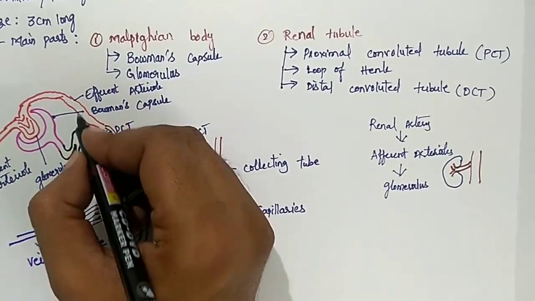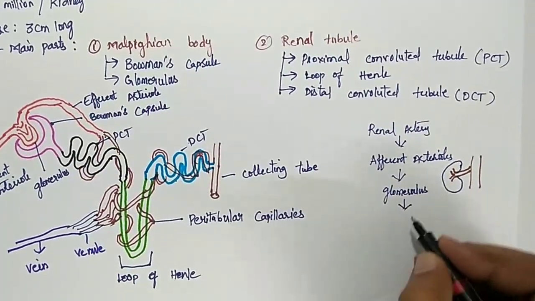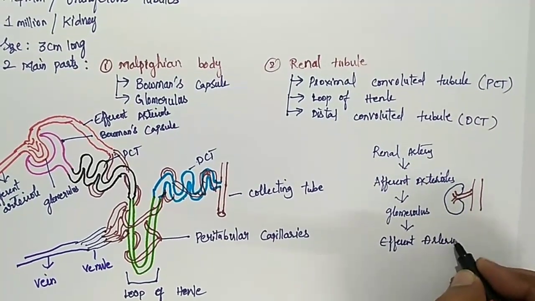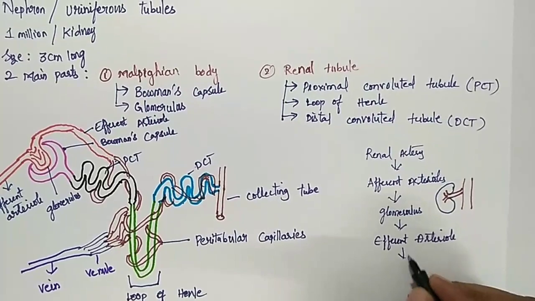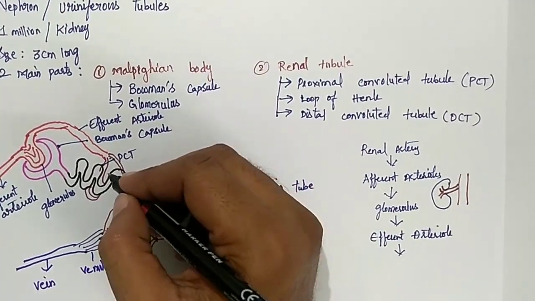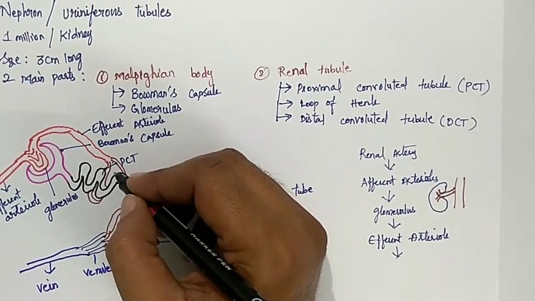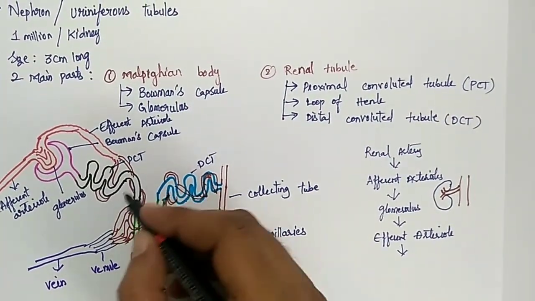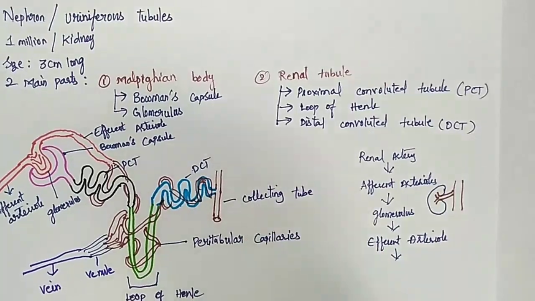All glomerular capillaries again join to form the efferent arteriole. After this comes near the PCT, it divides into many capillaries present around the PCT, loop of Henle and DCT.